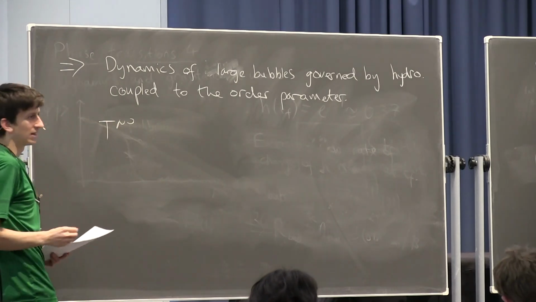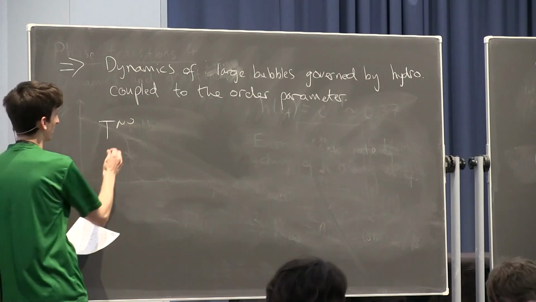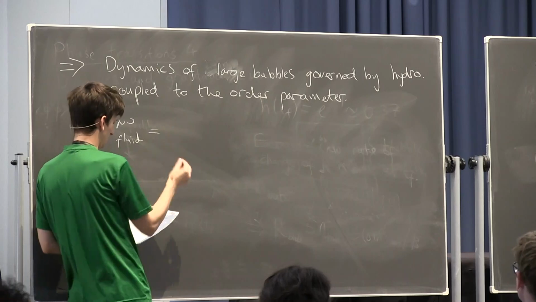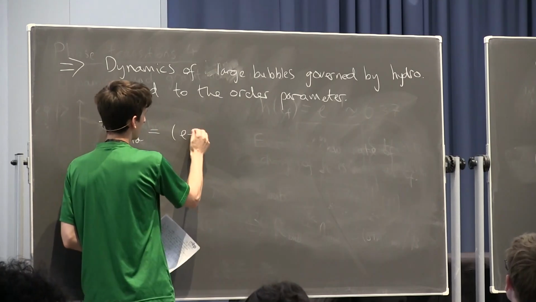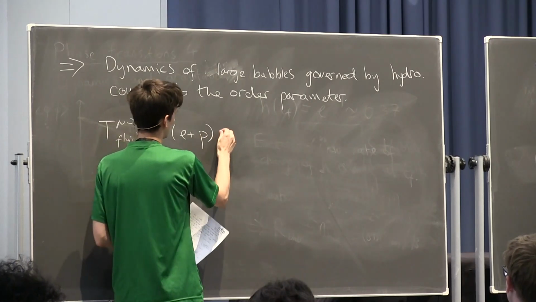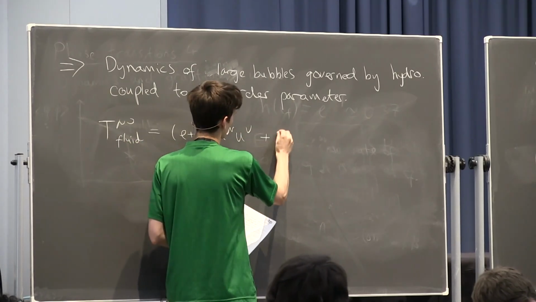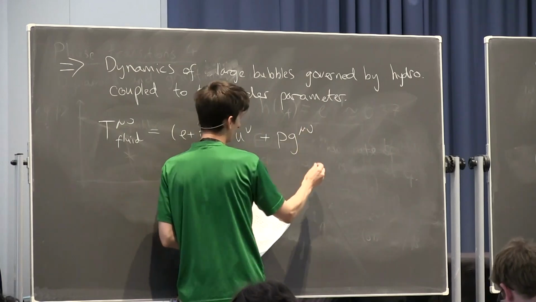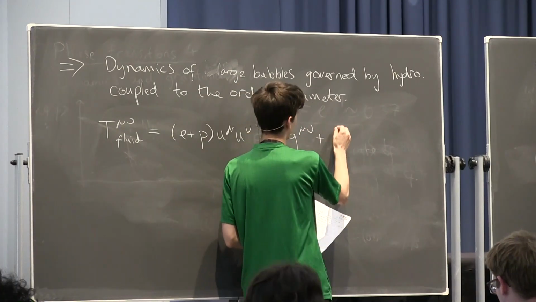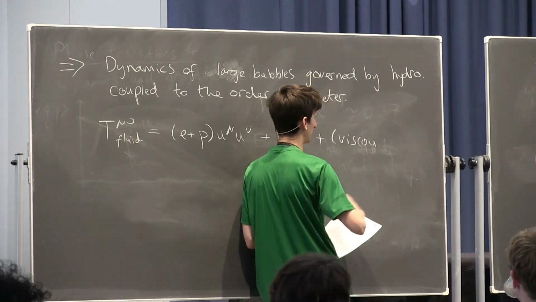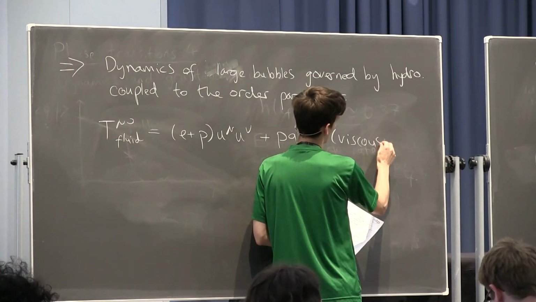Hydro is determined by conservation of an energy momentum tensor. And we have the energy momentum tensor for a fluid, which at leading order looks like this in gradients, and then you can write higher order gradient terms in an effective field theory expansion in long distances.